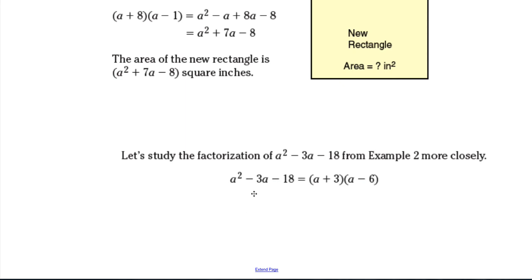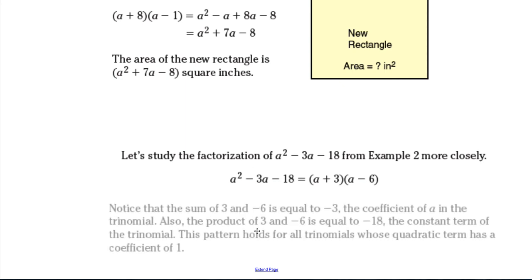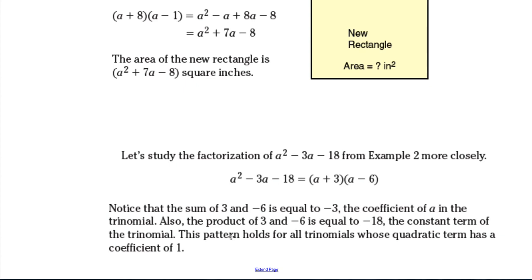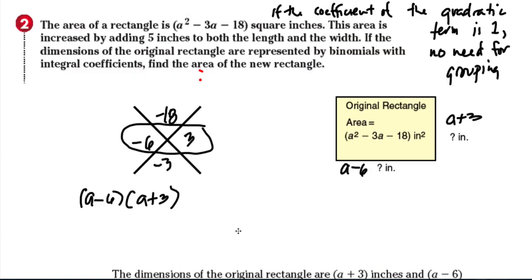After doing the x method, all you need to do is write them down as your factors. So notice this is the sum of 3 and negative 6. That's basically what I just showed you up here. So if the coefficient is 1, after you create the x method, all you need to do is bring down the negative 6, bring down the 3, and write down the variable a, and you're done with factoring.